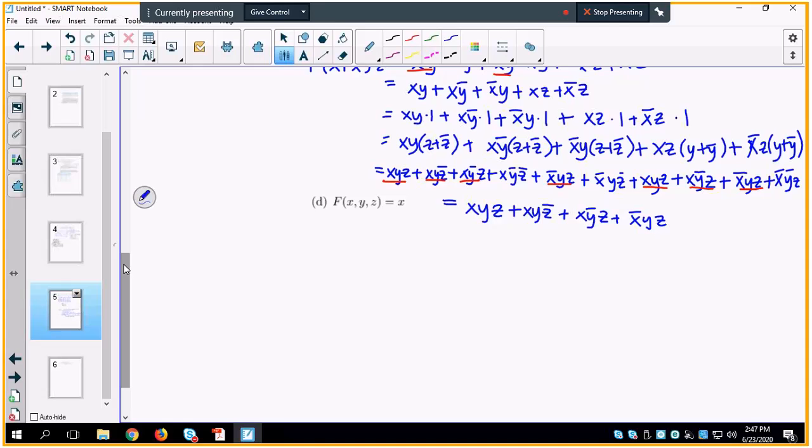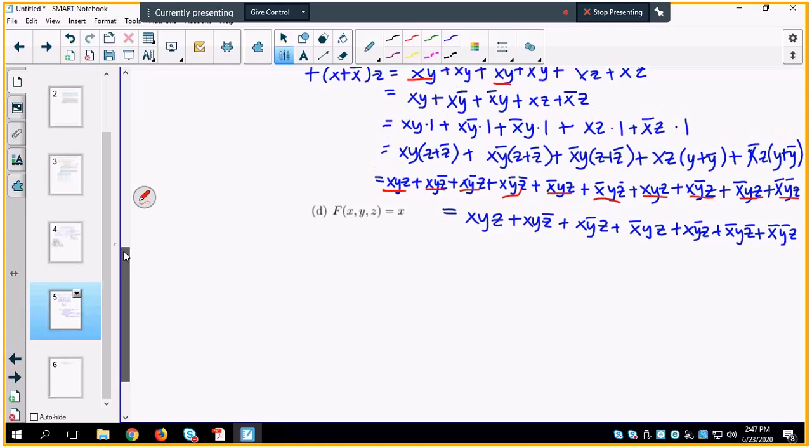Then I have xy bar z bar. Here I have x bar yz bar, and lastly I have x bar y bar z. So this will be the sum of products expansion of the function x plus y plus z.